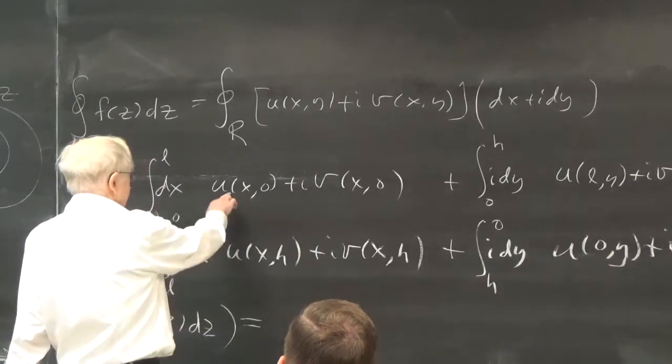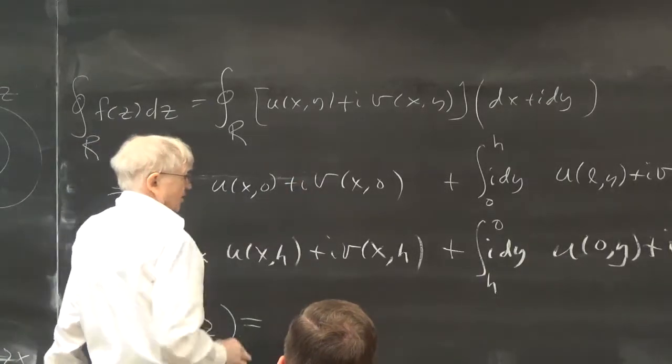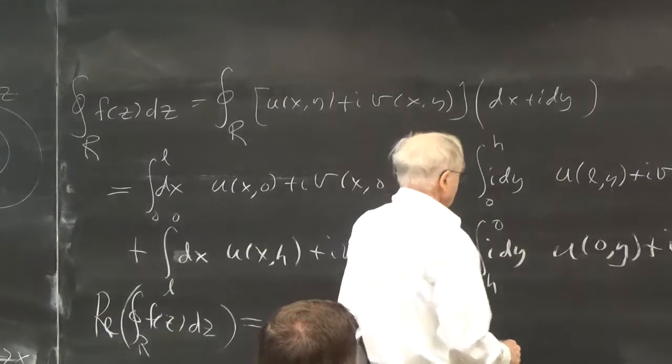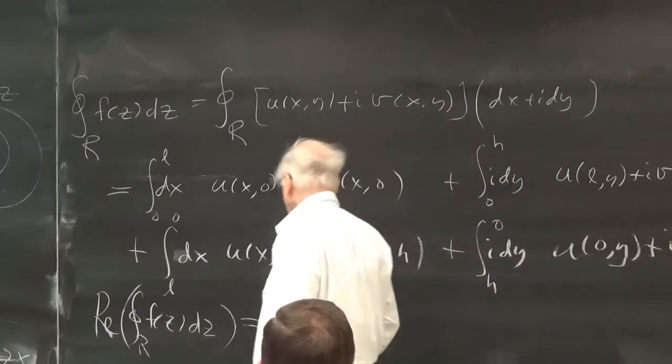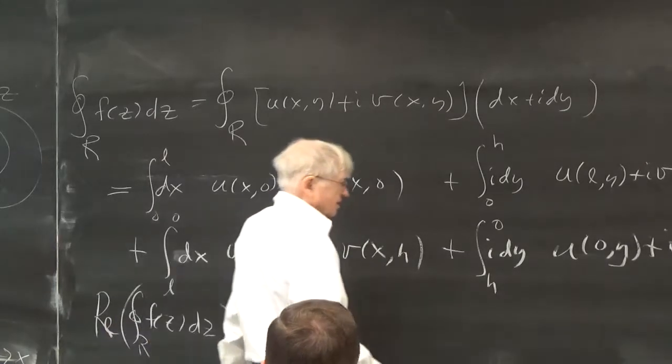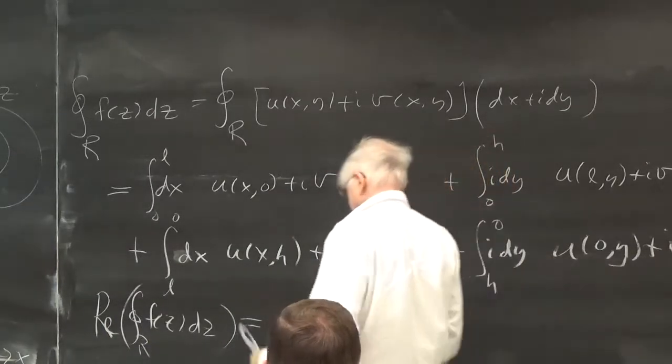It's going to be that integral, but neglecting the i part, or the v part. It's going to be the u part of this integral, and the v part of that integral.